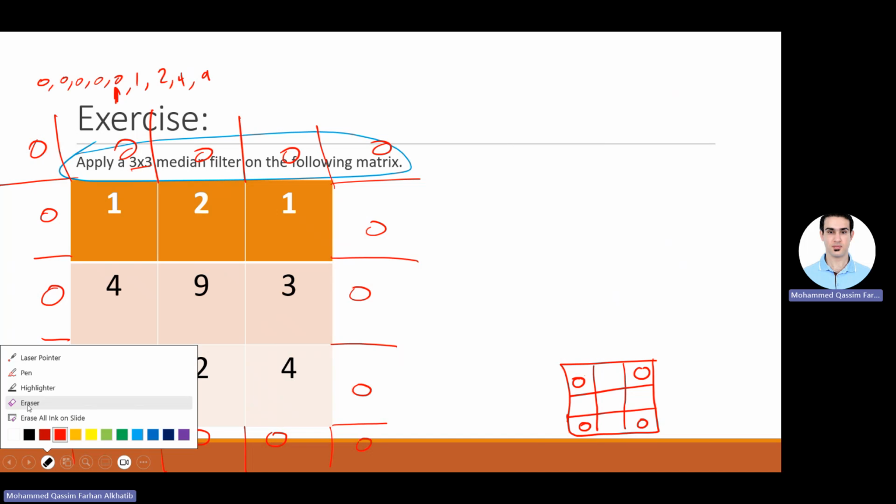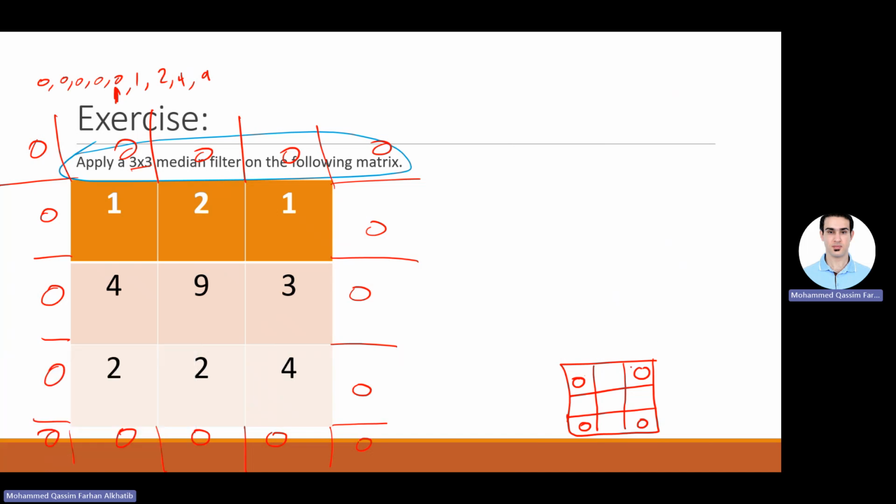Now let's find the value in this pixel here, which is basically this window of values. Now notice here I have fewer zeros. So I have 3 zeros, 0, 0, 0. Then I have these values: 2 ones, 1, 1, 2, 3, 4, 9.